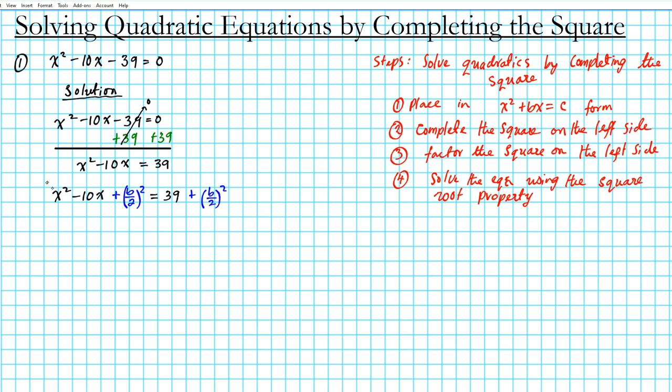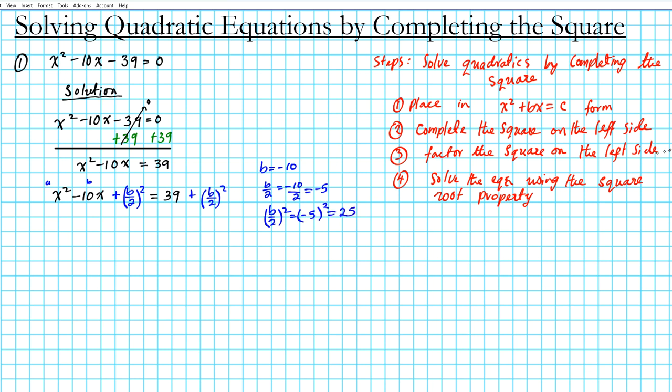All right, so in this setup, a is 1, b is negative 10. So we're going to compute b over 2 squared, okay? So b is negative 10. So b over 2 is going to be negative 10 over 2, which is negative 5. And then b over 2 squared is negative 5 squared, which is 25.